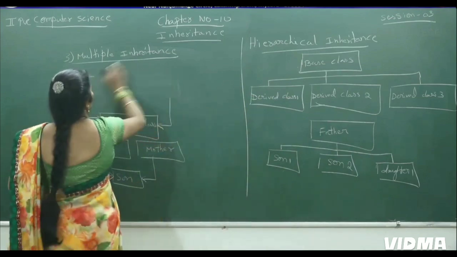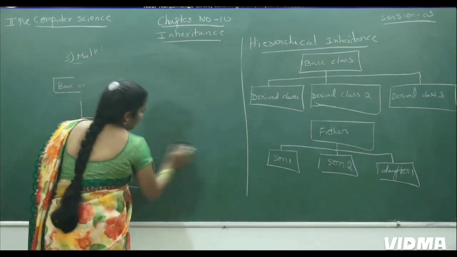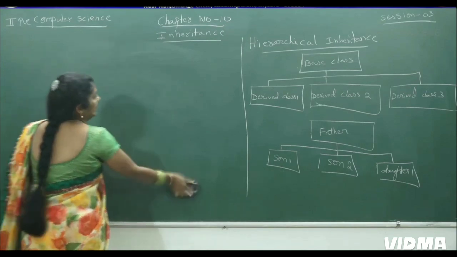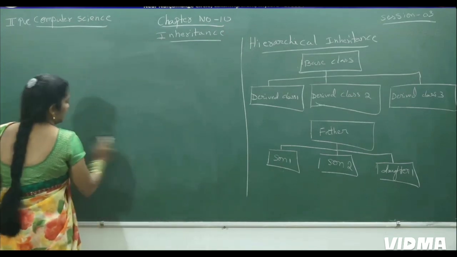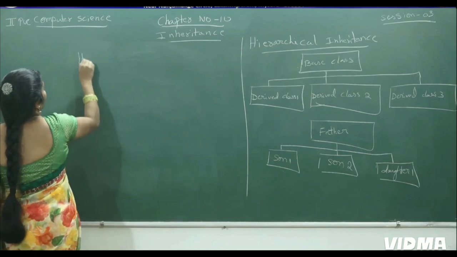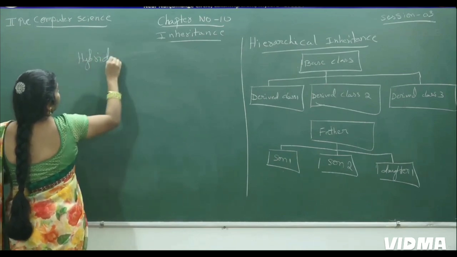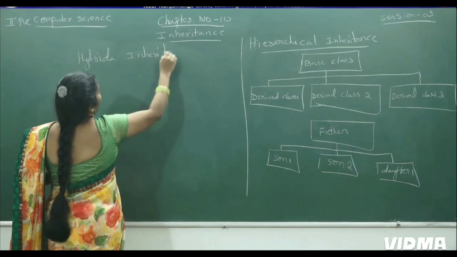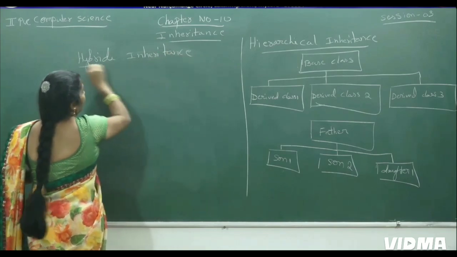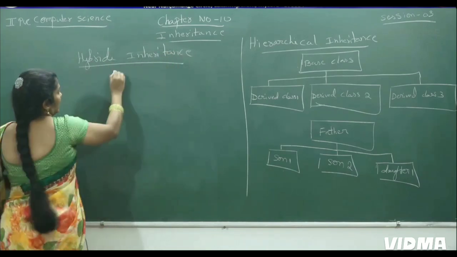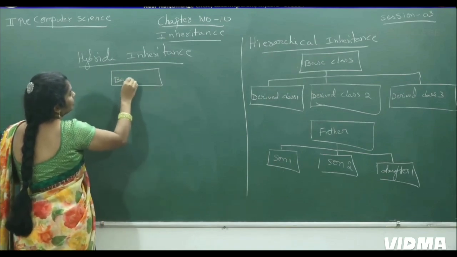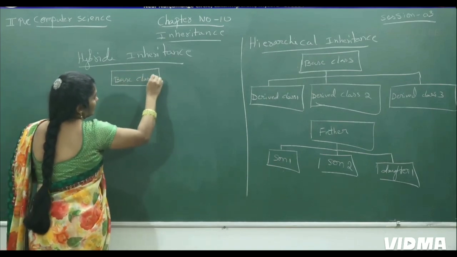And when we come to the last one, hybrid inheritance. The name itself suggests it. Then what do you mean by this hybrid? Hybrid inheritance. See, consider one base class 1.